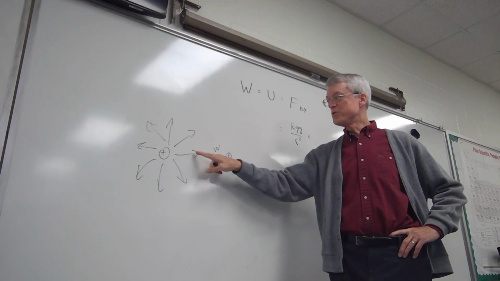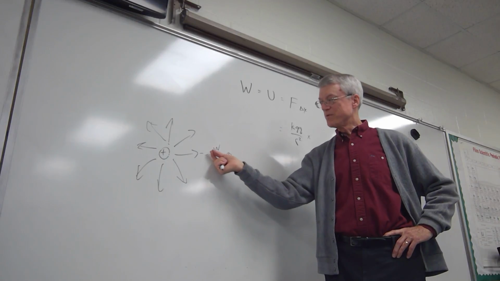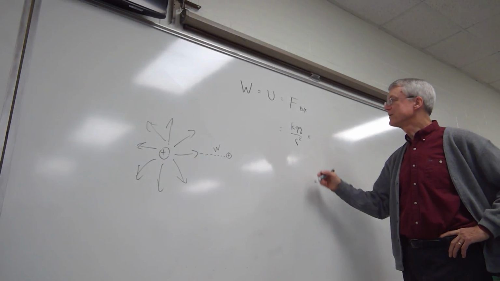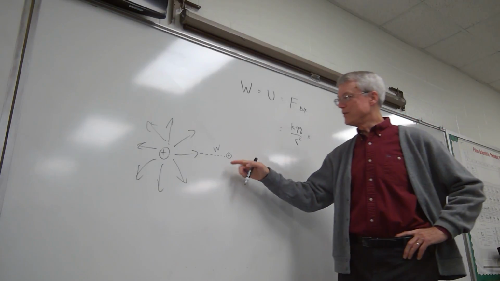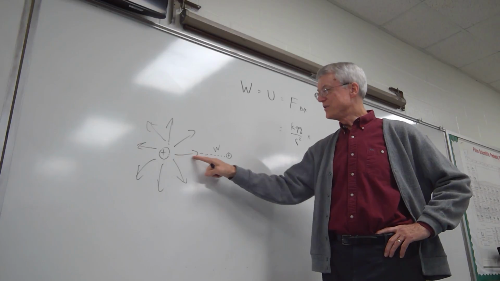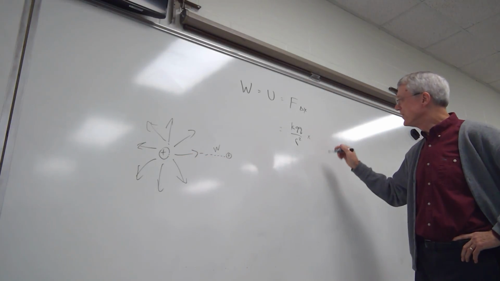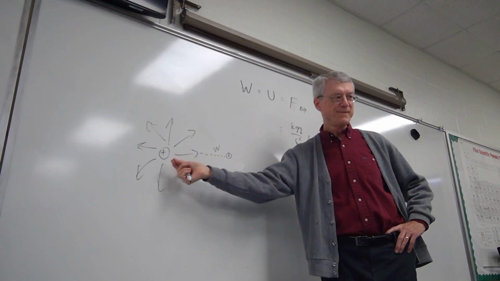This ping pong ball pushes it with that much force to the right. Well, if you're going to overcome that, you've got to push it with that much force to the left. Okay, so that's the force. The distance is the distance. You're going to push it all the way to the ping pong ball. So the distance is this. Well, that's r. That's the distance between the particles initially, isn't it?